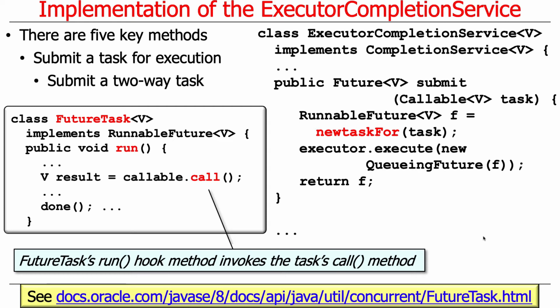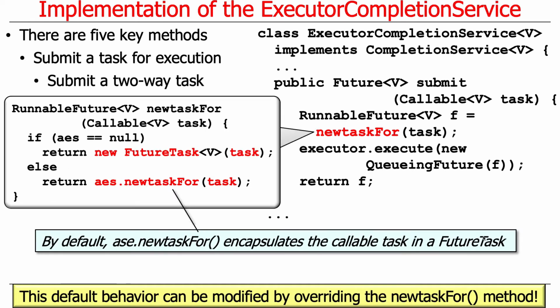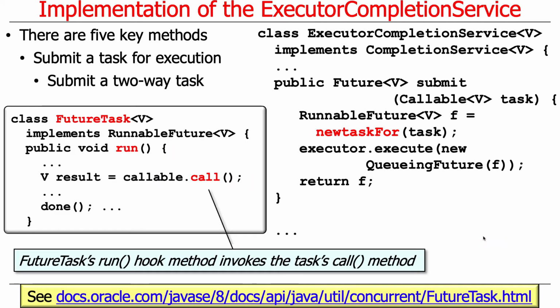And here's what the run method of future task looks like. You pass a future task a callable, and that is what gets passed here to the constructor. And that callable gets squirreled away in an internal field given the very obvious name callable. So we have a field inside a future task called callable.